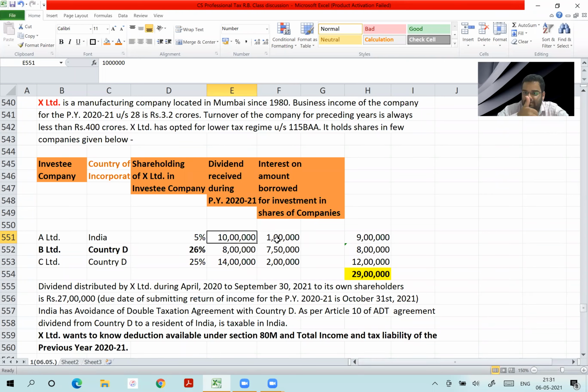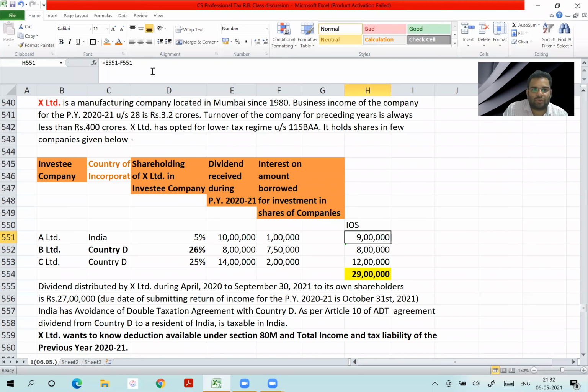Yes. Why can you claim? Because it is within the ceiling limit of 20%. So you will get 9 lakh as income. In short, here I am calculating my IOS.